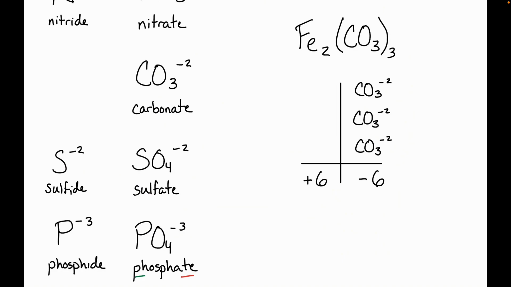So then what's the total amount of positive charge? +6. Okay. Now the only other difference between our previous problem here is that I don't just have one iron ion in this formula. I have 2 of them. Right? And we said we don't know what this is. But what I do know is they both have to sum up to that total positive charge of +6. So if I got 2 of them and they sum up to 6, what is each of them going to be? +3.